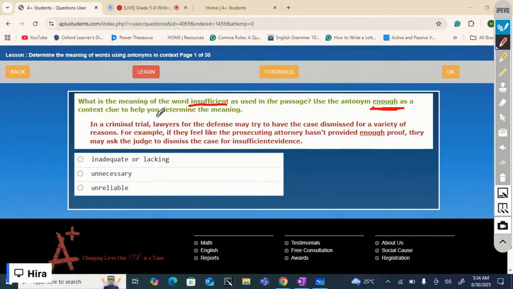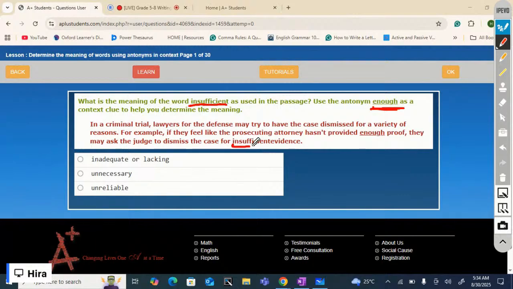In a criminal trial, lawyers for the defense may try to have the case dismissed for a variety of reasons. For example, if they feel like the prosecuting attorney hasn't provided enough proof, they may ask the judge to dismiss the case for insufficient evidence.